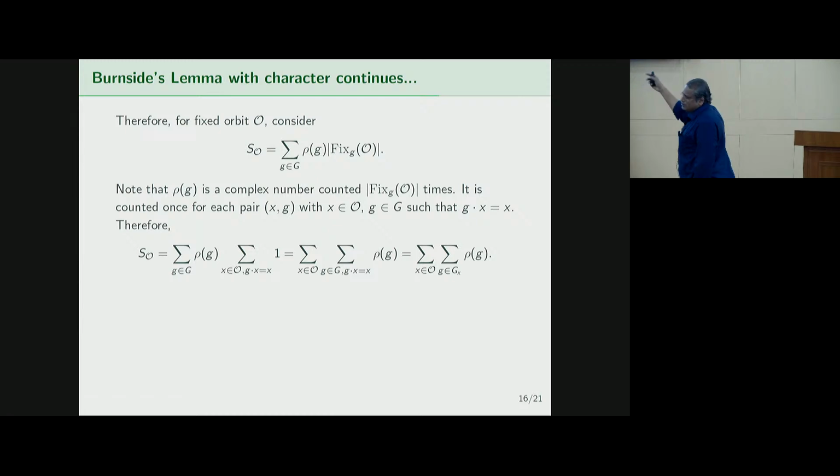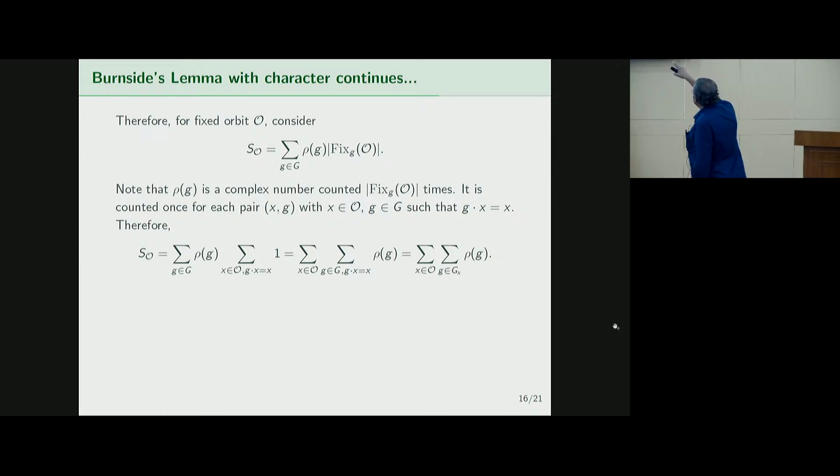Then I am interchanging the sum, they are all finite sums. Given an x, I am counting the number of g's such that g dot x equals x. That is nothing but my stabilizer group coming in. So this means I have to count with rho of g, that many times. This is just an interchange of sum. What we get is this.